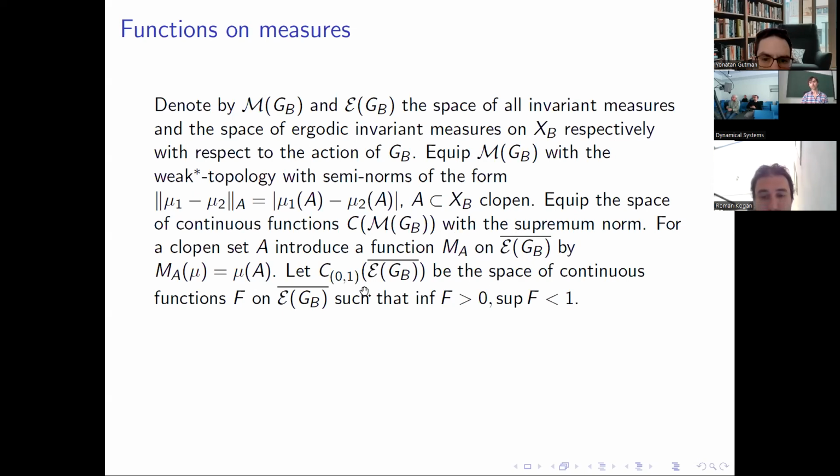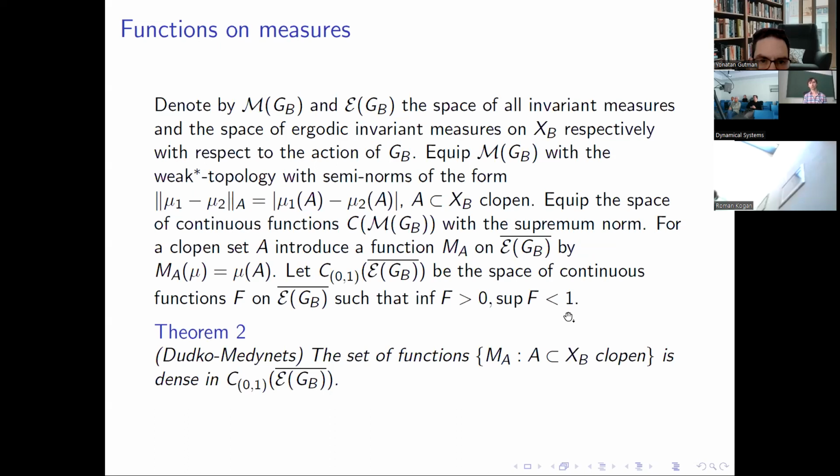They all have ranges between 0 and 1. And we introduce the space of continuous functions on ergodic measures with positive infimum and supremum less than 1.